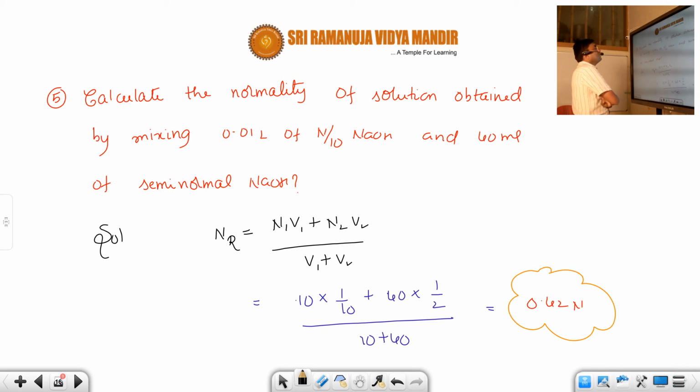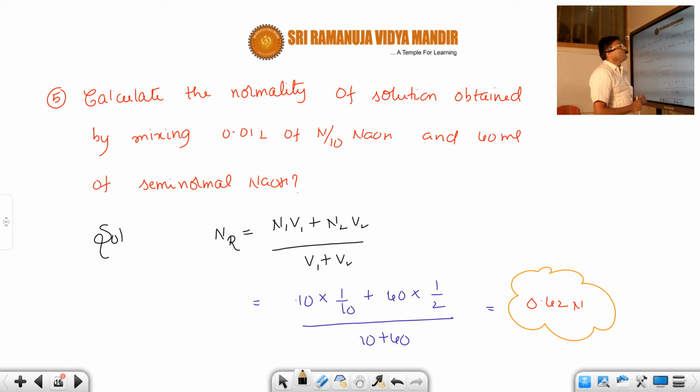Calculate the normality of solution obtained by mixing 0.01 liter of 1 by 10 normal NaOH and 40 ml of semi-normal NaOH. Very simple, students. You have seen one question involving the mixing of an acid and a base, H2SO4 and KOH, and the previous question involving the mixing of two acids.